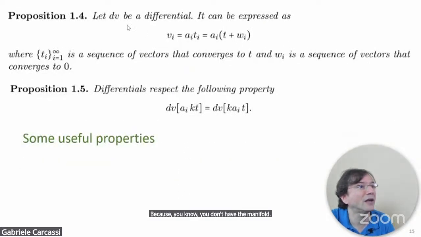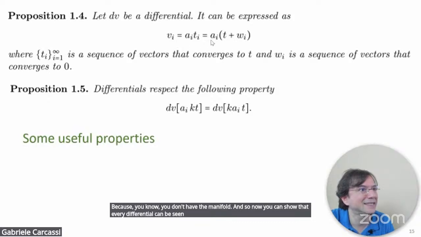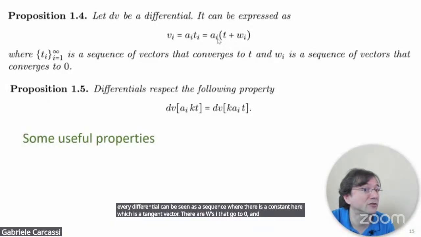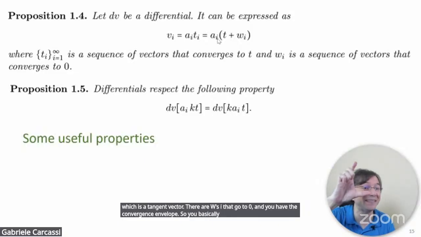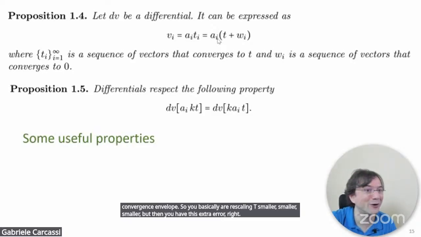And so now you can show that every differential can be seen as a sequence where there is a constant here, which is a tangent vector. There are w_i that go to 0, and you have the convergence envelope. So you basically are rescaling t smaller and smaller, but then you have this extra error, right? When you are thinking that you just have t that goes to 0 at infinity.